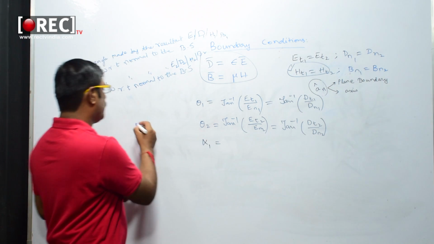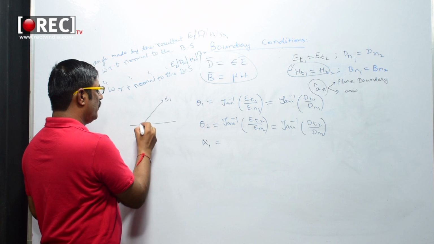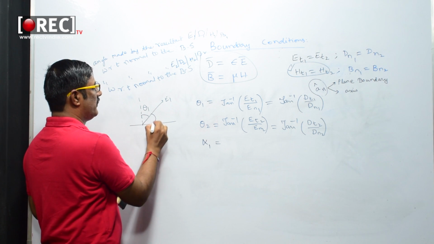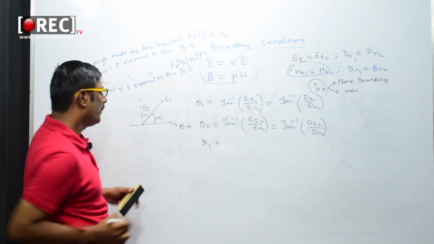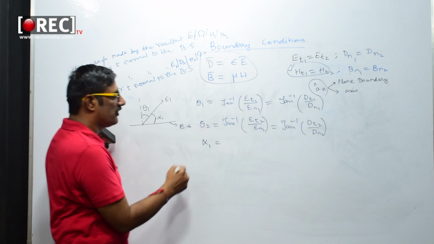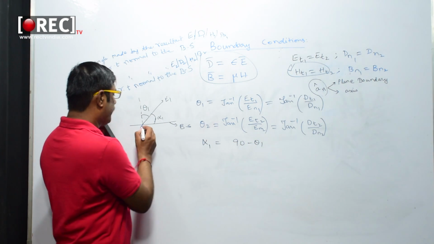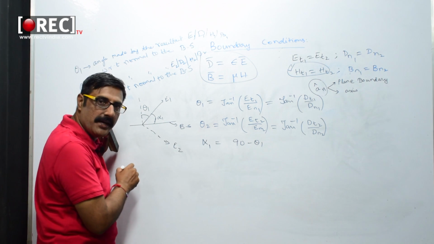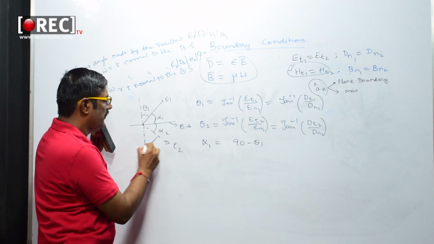For example, if this is the boundary surface, and let me say this is E1, and this is the normal, then this angle is theta 1 and this angle is alpha 1. How is alpha 1 given from this figure? Simply 90 minus theta 1. Similarly, if this is E2, the electric field intensity in the second medium, then this is alpha 2 and this angle is theta 2.